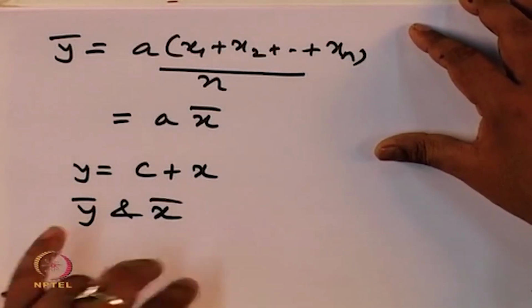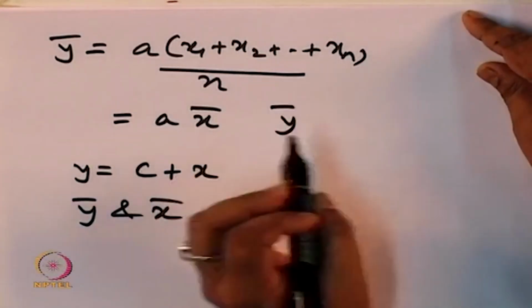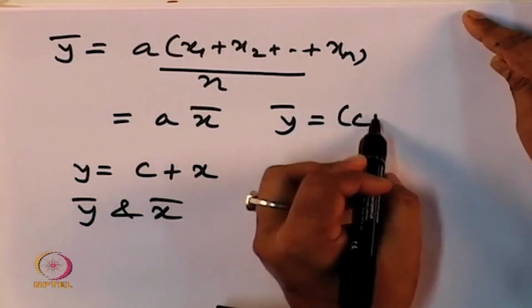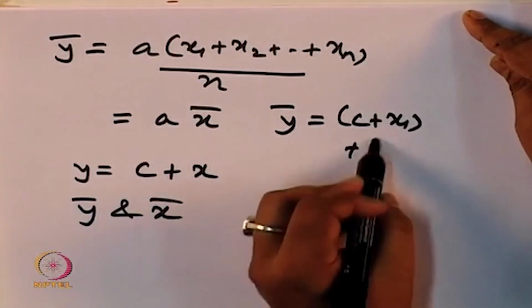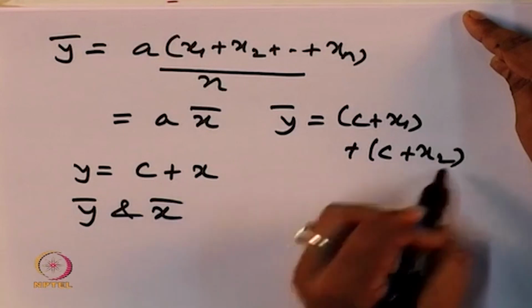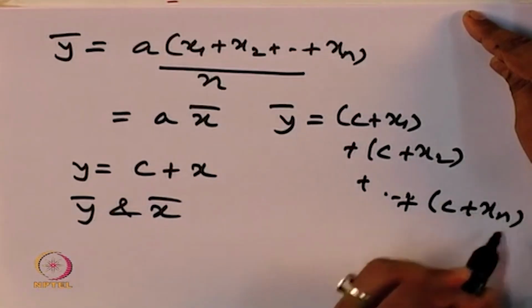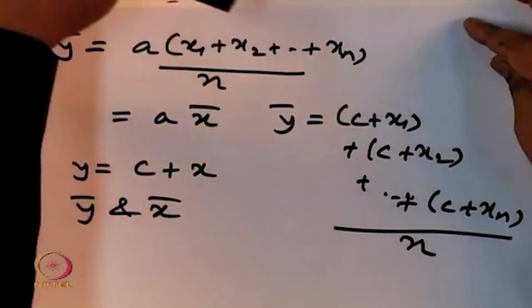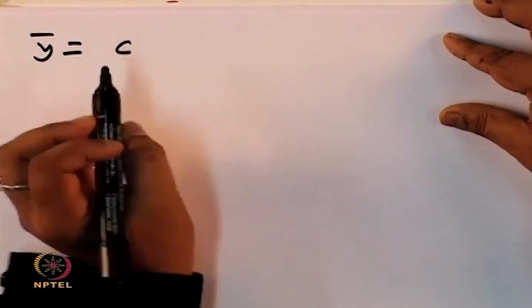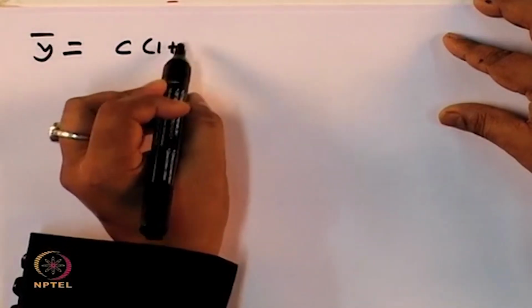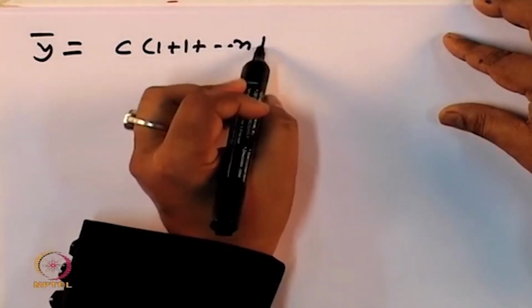So, you can do the same exercise, the same thing, but y bar is now c plus x1 plus c plus x2 plus c plus xn by n. Okay. So, in my definition of y bar, I can take c common, but c is 1 plus 1 plus 1 n times.